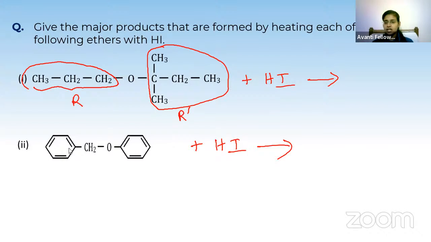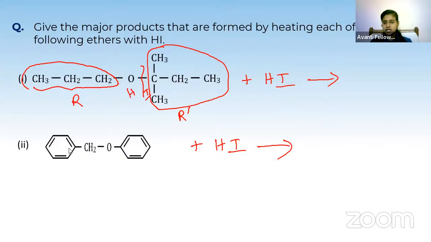Very good, Sunanda Kumari. It is correct. Why? Can you give me the reason for it? The R dash O bond will get cleaved. It is a tertiary carbocation formation concept, right? So tertiary carbocation will form and iodine will go here and hydrogen will go here.